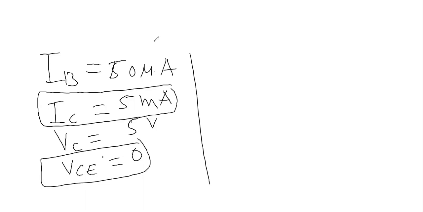Such a situation is known as saturation. So in saturation, you get maximum current. Here it is the maximum current of 5 milliampere, and you get output voltage VCE of 0.